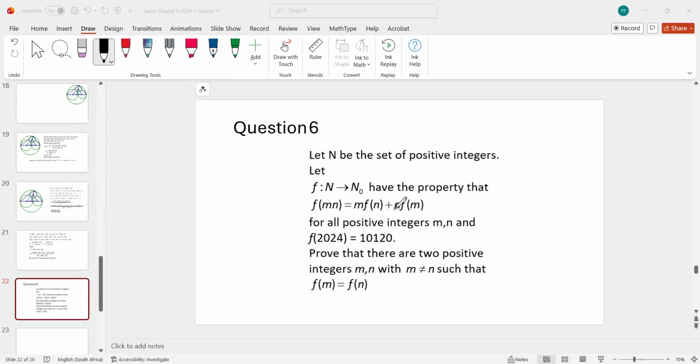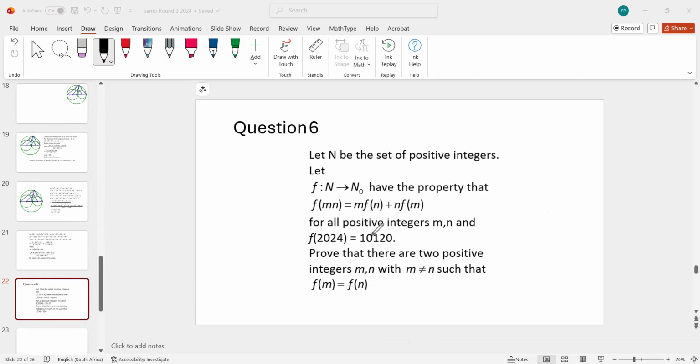We only got the function satisfying some kind of a rule here. We are not given the function, but maybe we have to find the function and then show that you have two distinct inputs, I call these inputs, such that the outputs are the same.